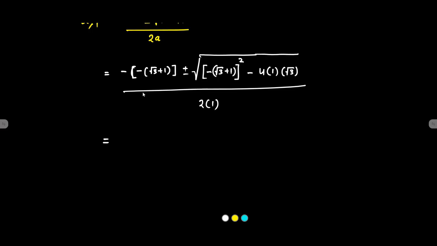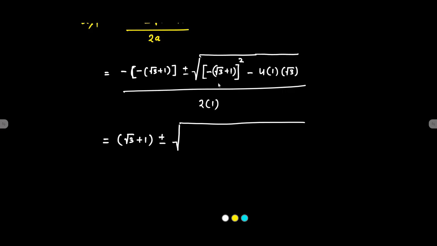So here this becomes root 3 plus 1, since minus minus becomes plus. So it is root 3 plus 1 simply, plus minus root over of, this is the whole bracket, minus root 3 plus 1 whole square.